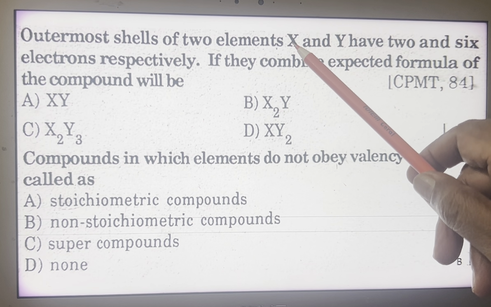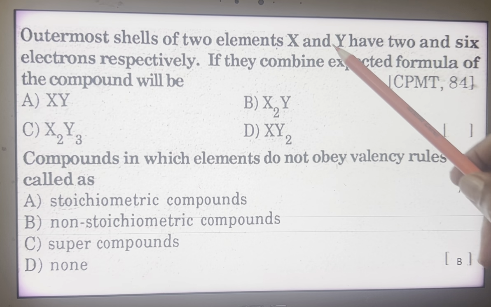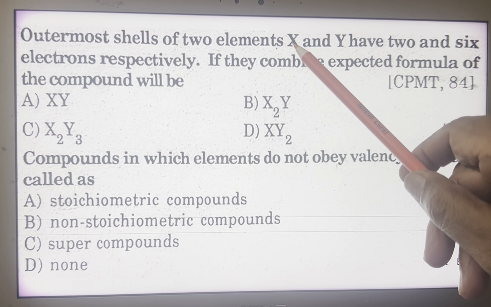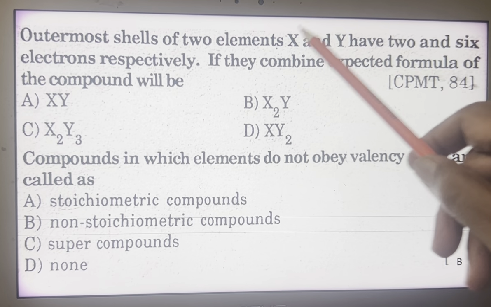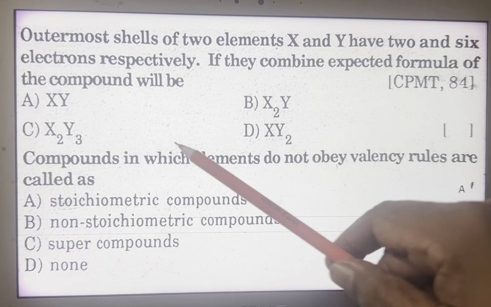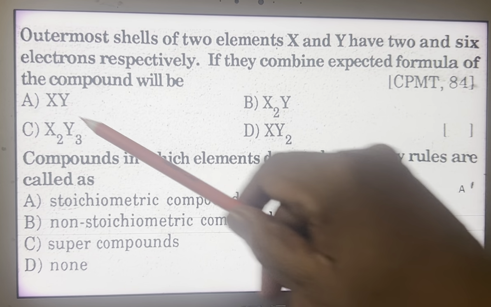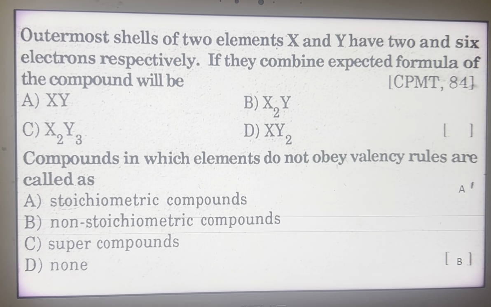X also has valency 2. Valency is written crosswise: X2 Y2. X2 Y2 is the formula, but it can be simplified, so XY is the correct formula. A is the correct one. It is written like this here. XY is the correct formula for this.